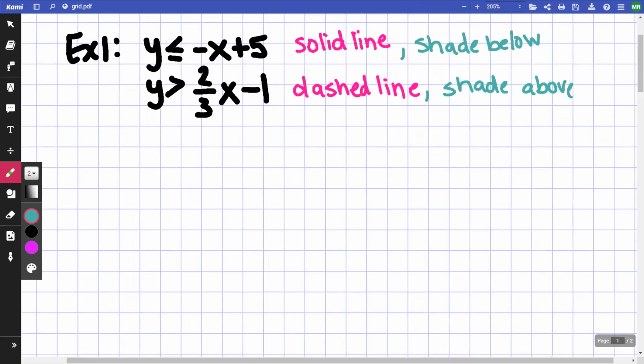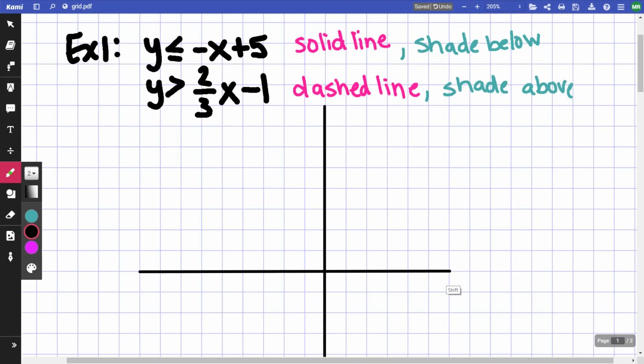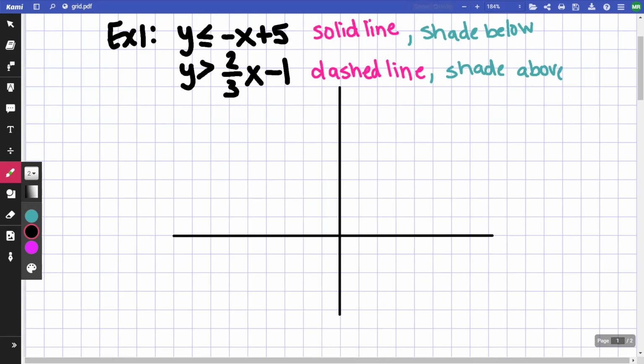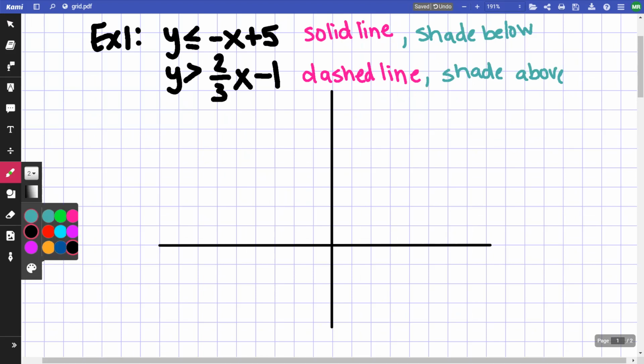So let me get my graph. Okay, so for the first one, let's say I do the first one in purple. So when I'm graphing this, my y-intercept is going to be at 5: 1, 2, 3, 4, 5.